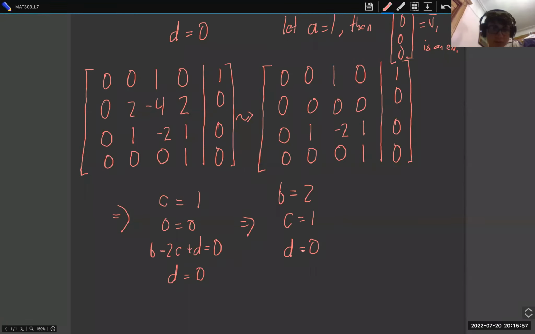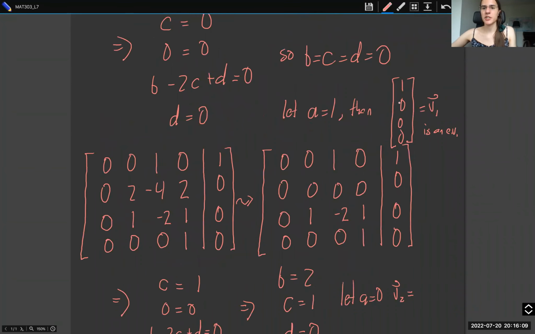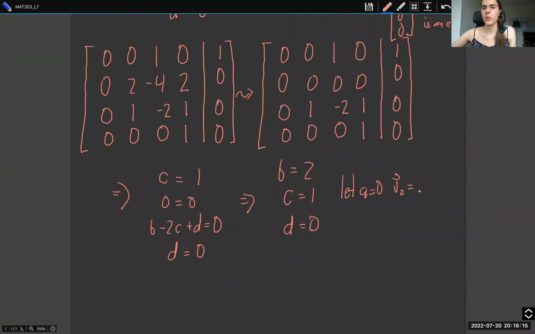Yeah, because it's a simpler thing and we don't need it to get a non-zero eigenvector. And notice that if we make A be non-zero, it's just going to add a multiple of this. So we don't care about that because that gets sent to zero. So no matter what, we're going to get a V2 that works. So V2 is going to be 0, 2, 1, 0.